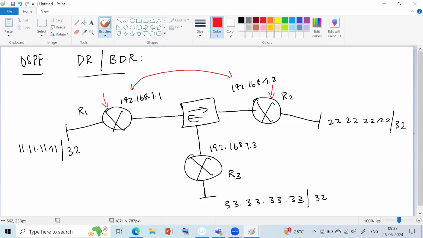Okay, fine. Let's establish OSPF neighborship then.